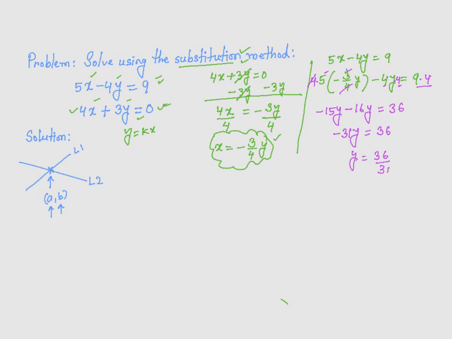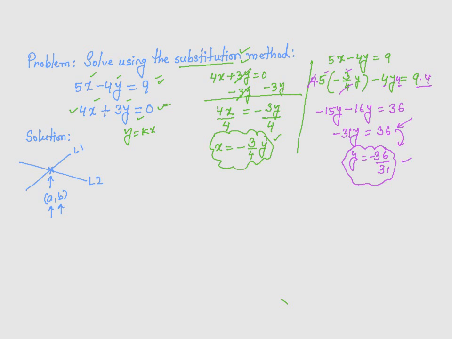In going from here to here, I divided both sides of this equation by negative 31, and that gives me y is equal to negative 36 over 31.